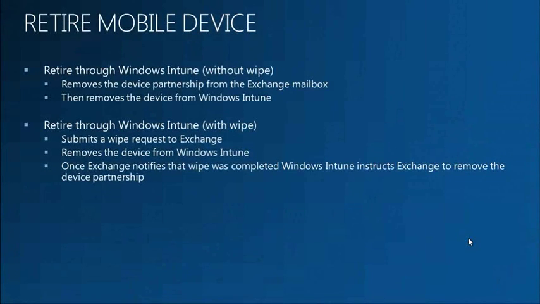Up until now, policies and application management were actions that we could take in order to apply settings on our devices. But what happens if we need to have a remediation? If something happens to the device, God forbid, and it has sensitive corporate information, we could use Windows Intune to retire the device, which is disconnecting the partnership of the specific device with Windows Intune.